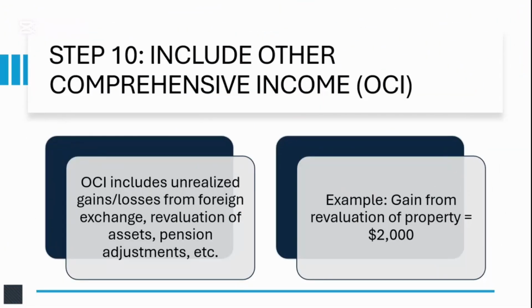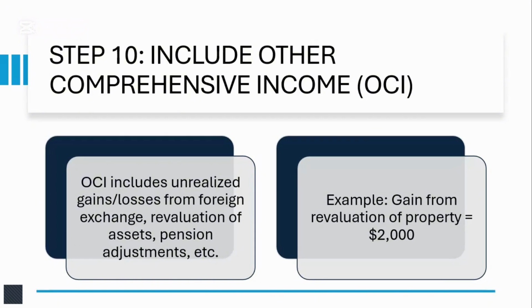Now, sometimes we will have some other comprehensive income as well. These would include unrealized gains from foreign exchange. Sometimes we may have foreign exchange, take it to the bank and realize that we have earned an income from it. Or sometimes we may revalue assets and they may go up in value.